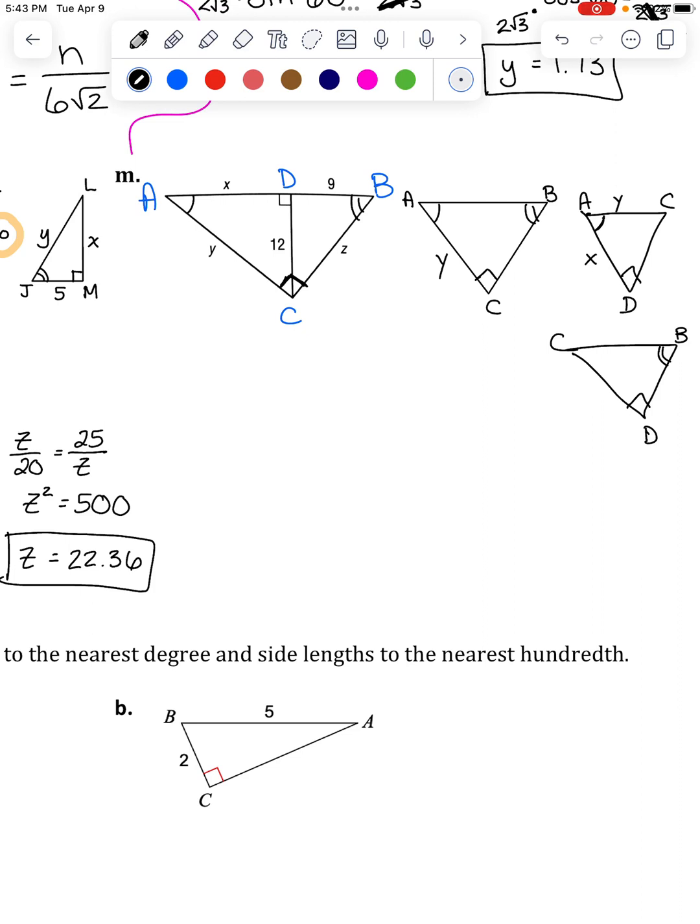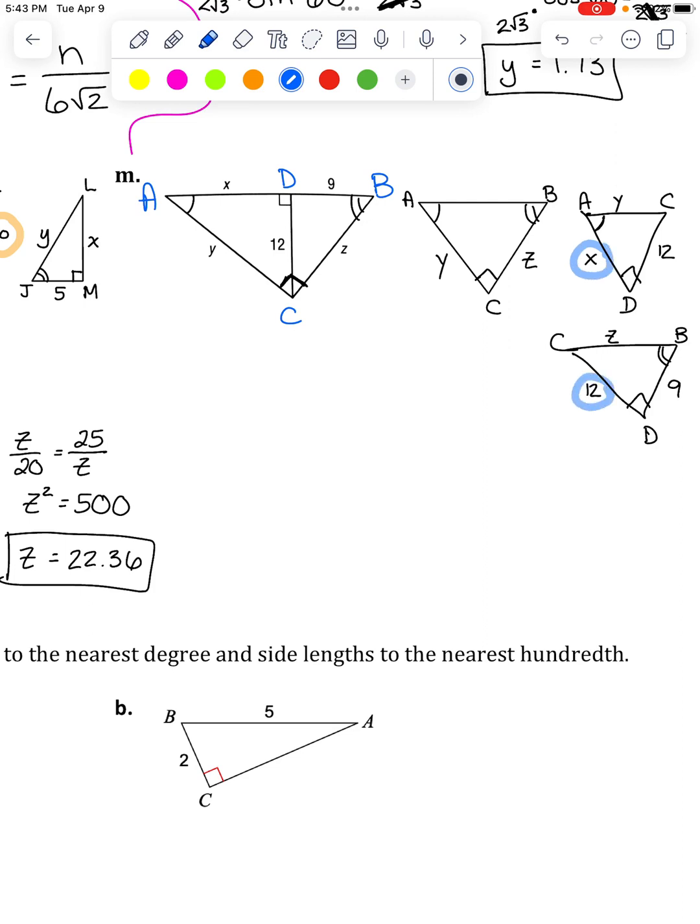AD is X, goes there. DB is 9, goes here. BC is Z, which goes here and here. DC is 12, which goes here and here.